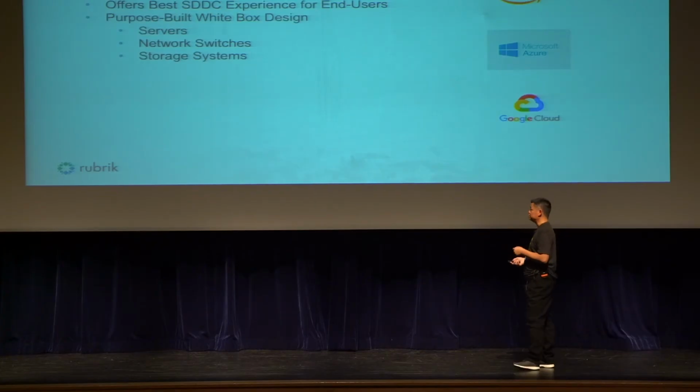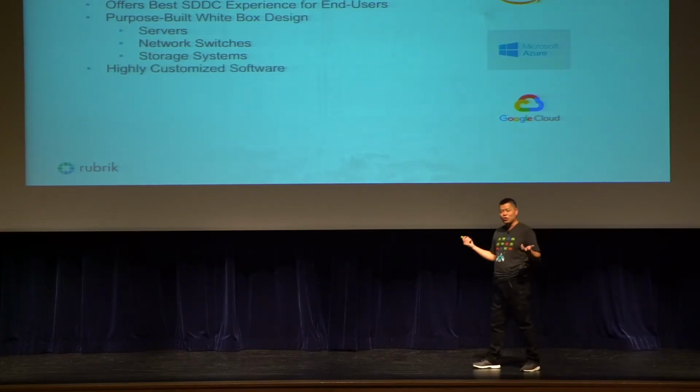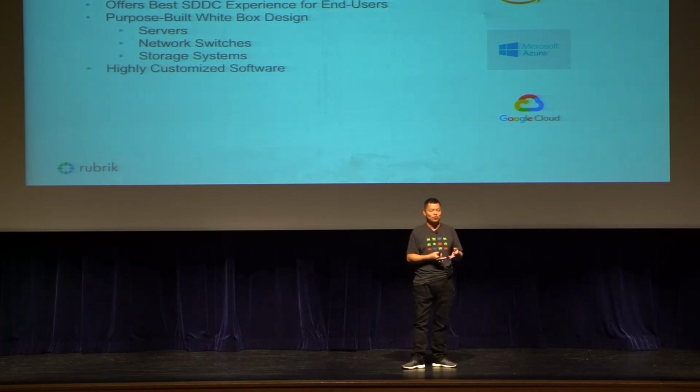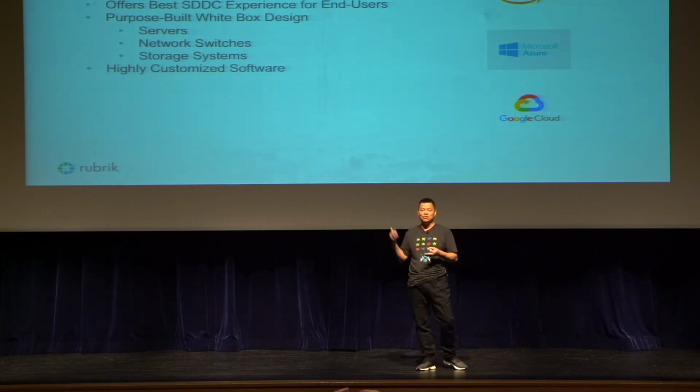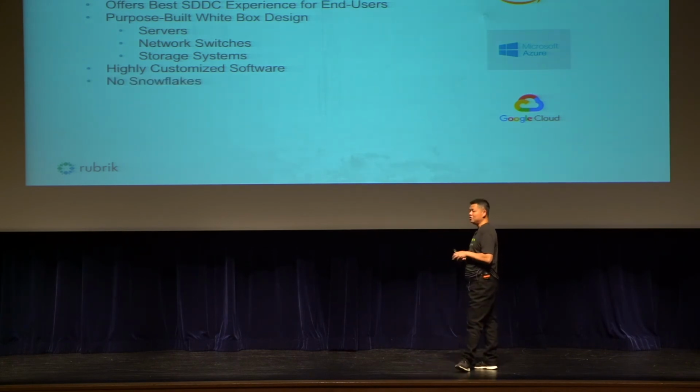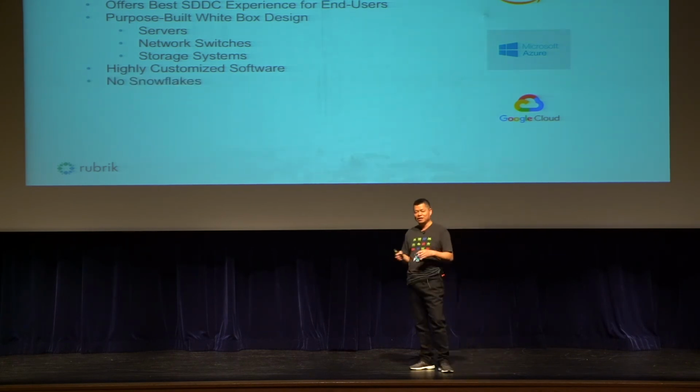Only by building something purpose-built can we create the SDDC they need to respond to customers at scale. They actually run their own custom software. So all these servers and networks and storage run firmware that these cloud vendors have created themselves, right? And there are no snowflakes. That's a really important thing, right?